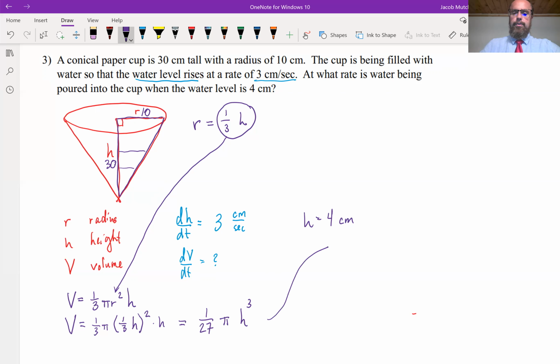So we're ready to do so now. We'll bump it up so we can see it there in the center of the screen. So I'm going to take this equation, volume equals a 27th pi h cubed, height cubed. And I want to take the derivative of both sides with respect to time.